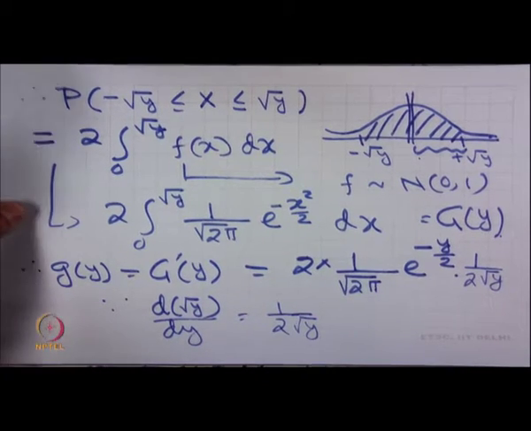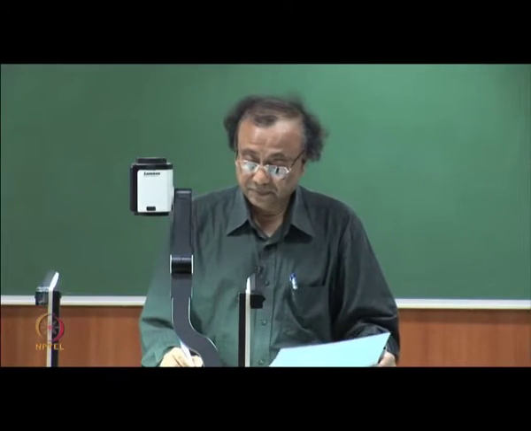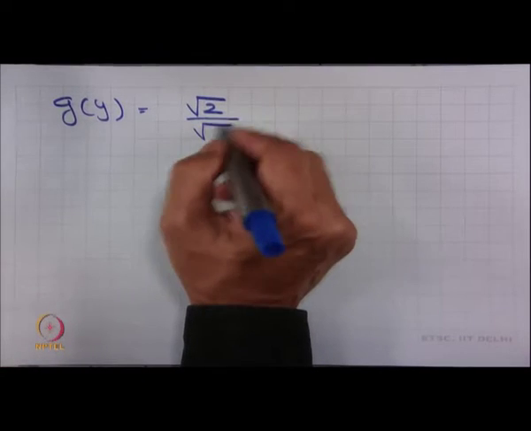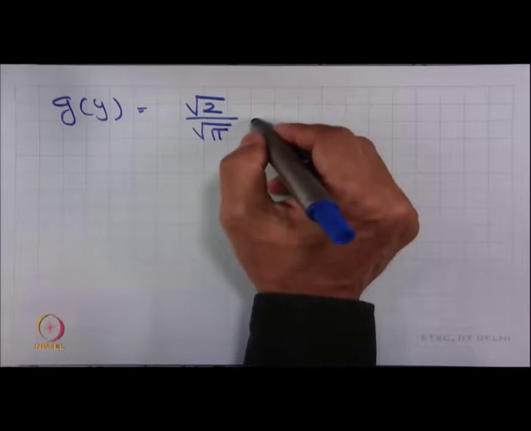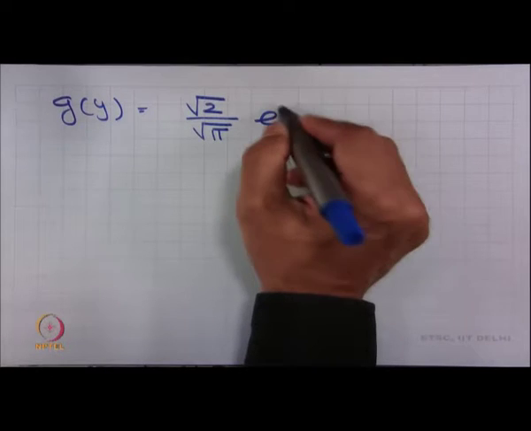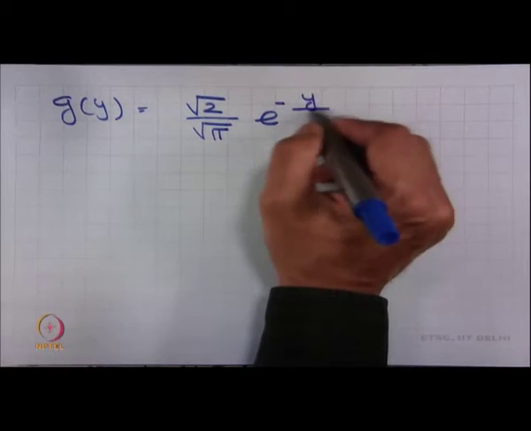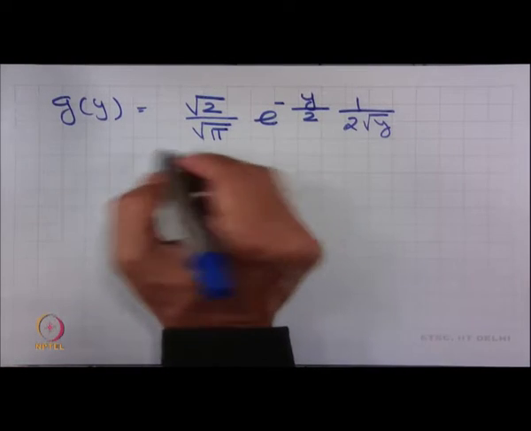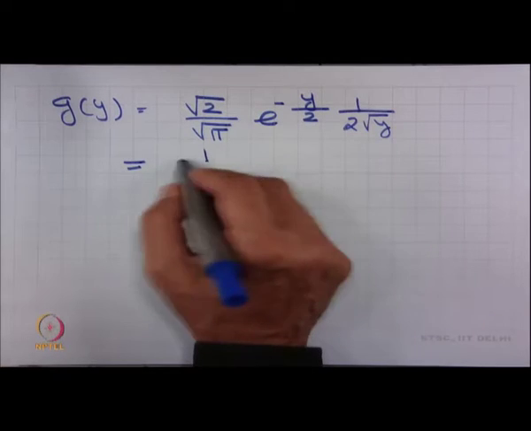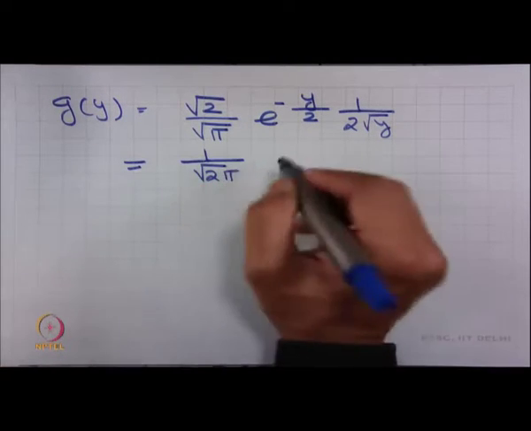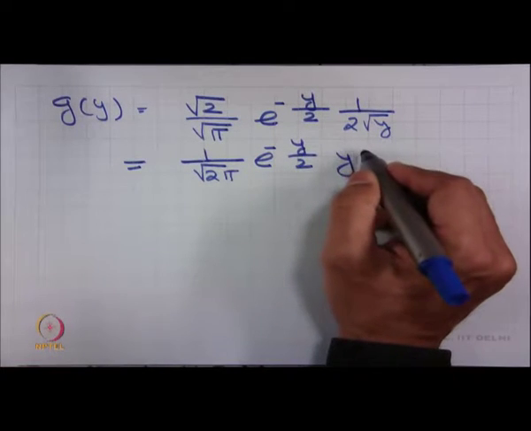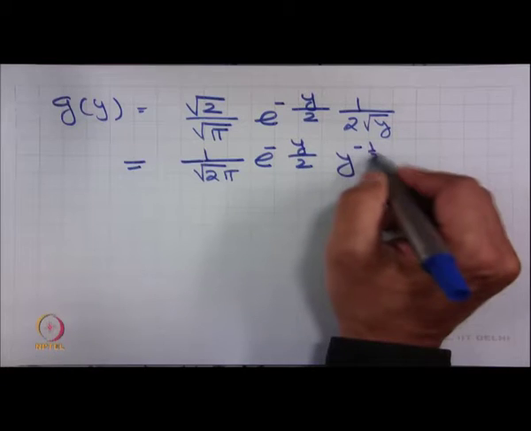Therefore, what do we get? We get g of y is equal to root 2 upon root pi e to the power minus y by 2 into 1 upon 2 root y, which on simplification becomes 1 over root 2 pi e to the power minus y by 2 y to the power minus half.